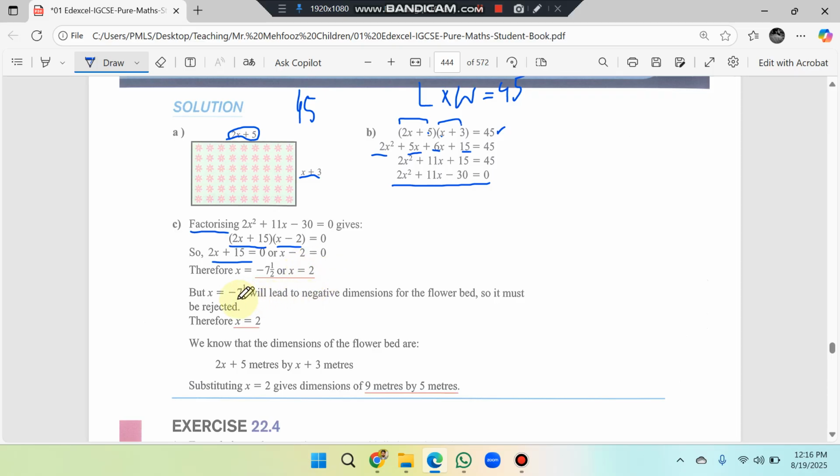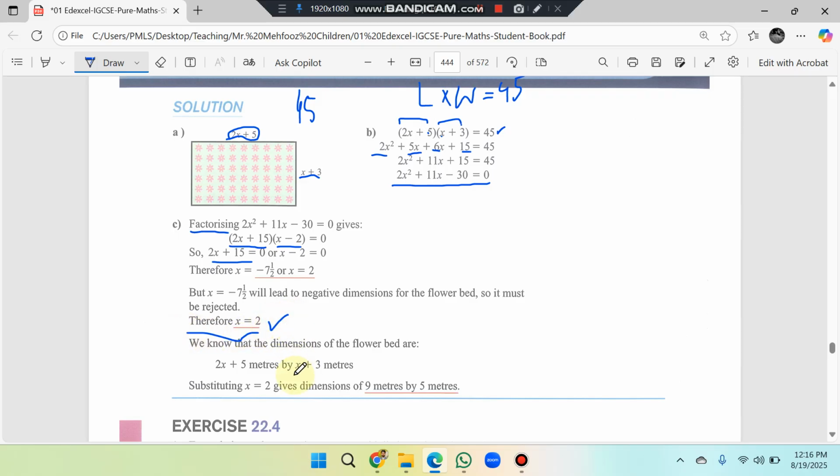So you can see that x cannot be negative. Why? Minus 7 and a half will lead to a negative dimension for the flower bed, so it must be rejected, because length or width are always positive values. So that's why we neglect this negative number. So your answer will be x is equal to 2.